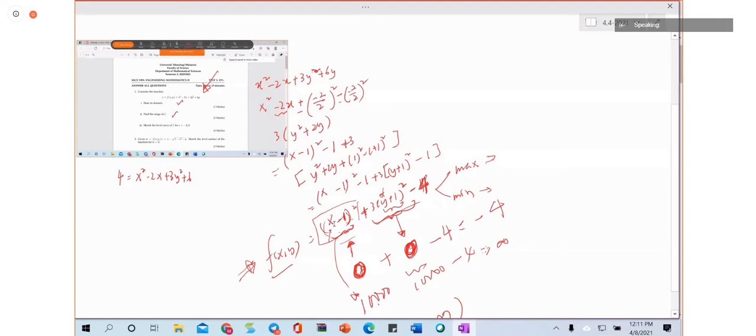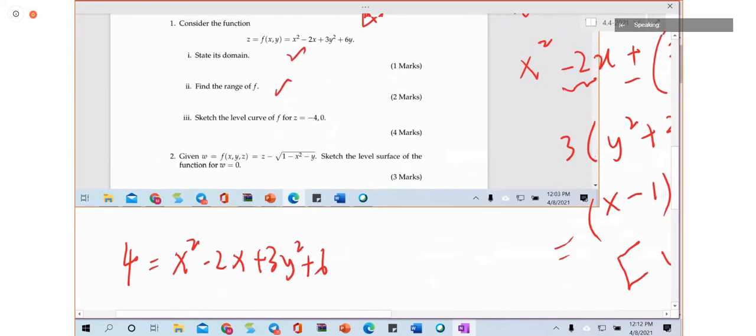I consider this first and then I add all. So you have to consider all to get the range. For the domain, we see the restriction. So we can put any value for x and y. Yes, you can put. But for the range, you have to find the minimum and the maximum, the least and the max values that define the function. Okay, doctor, I get it. You get it? Okay, Rana. Thank you for asking.